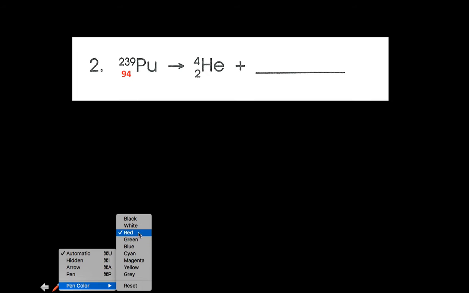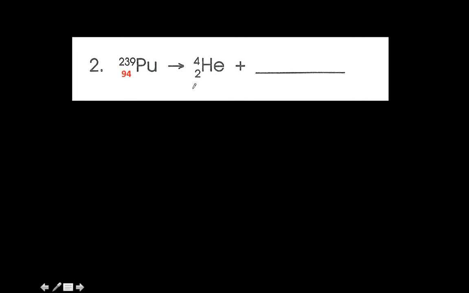This has to total 94. So I go 94 minus 2 is 92. 92 is uranium from the periodic table.